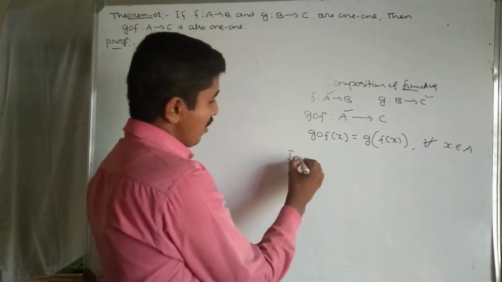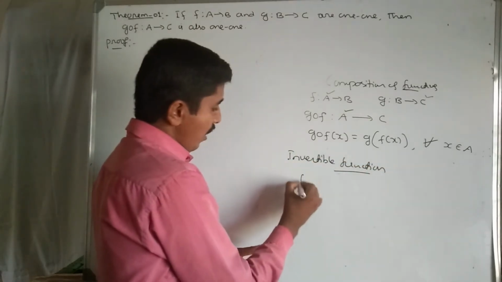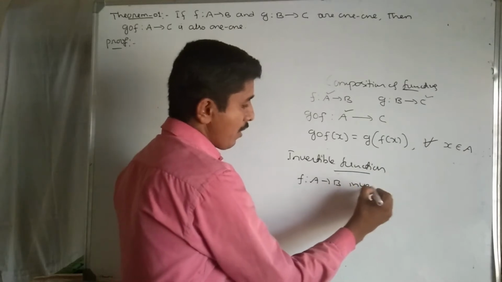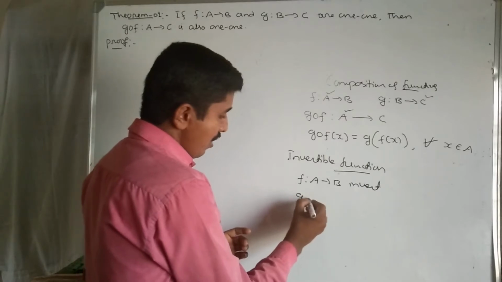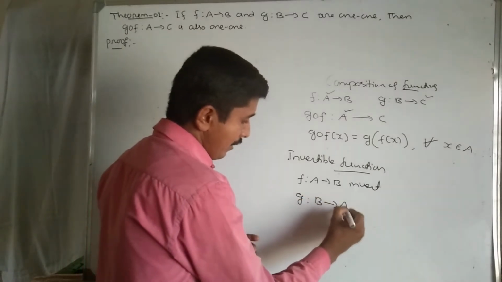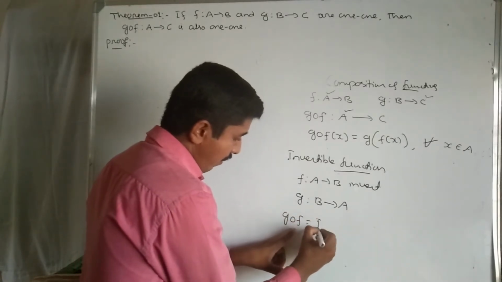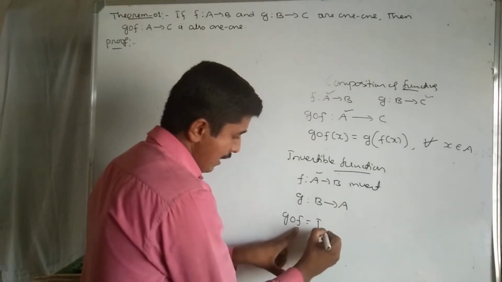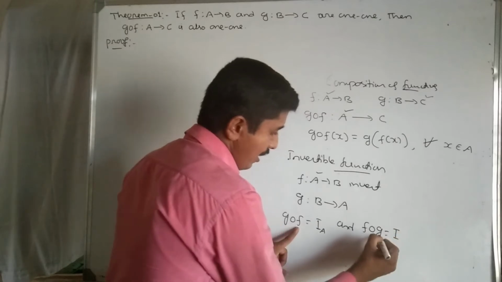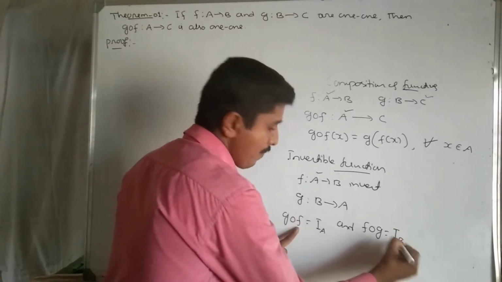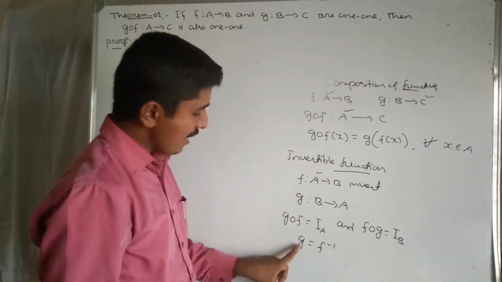Next, invertible function. A function f from A to B is said to be invertible if there exists a function g from B to A such that gof equals the identity function I subscript A on domain set A, and fog equals the identity function I subscript B on domain set B. Then we say that g is called the inverse of f.